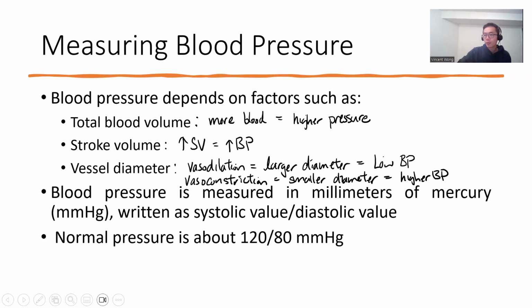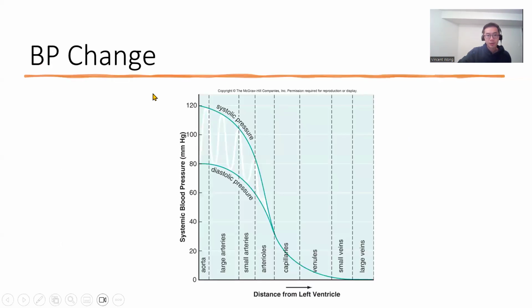Now I'm going to show you 3 graphs. They have quite a bit of information in them. Hopefully it's not too confusing. The first graph here is plotting blood pressure versus distance from the left ventricle.